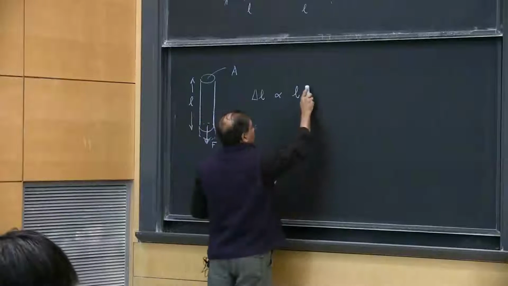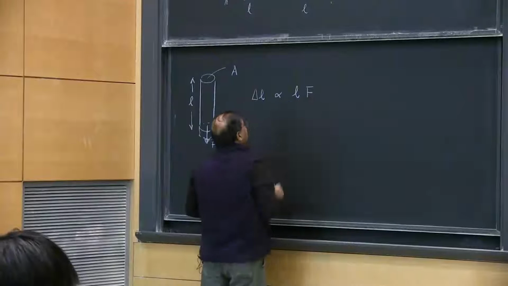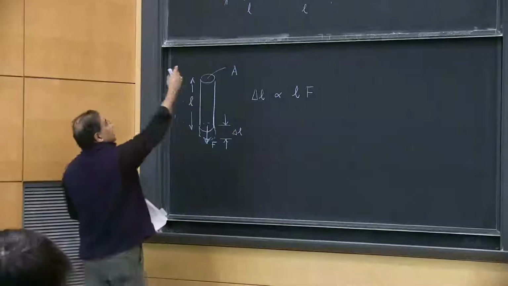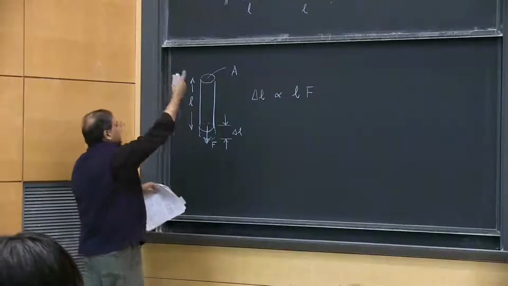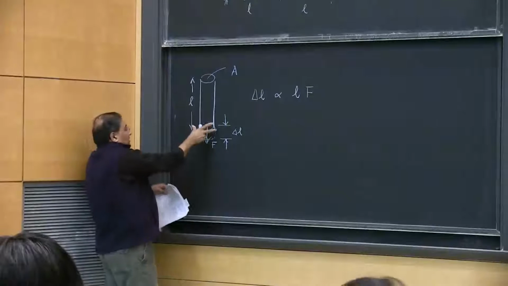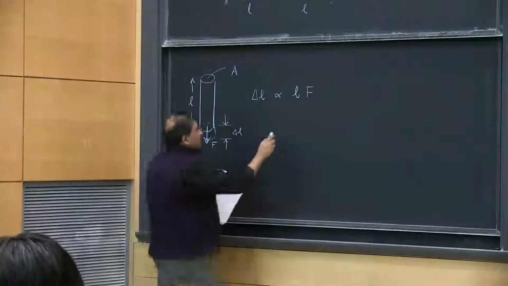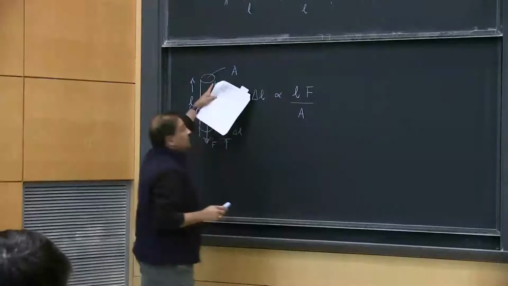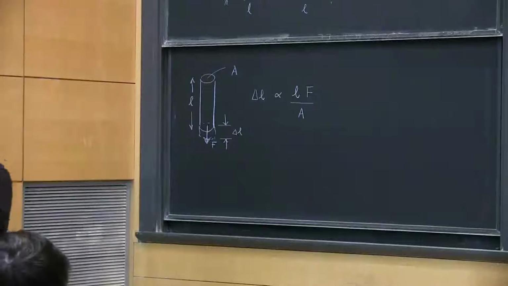So it is directly proportional to F, and it is inversely proportional to the cross-sectional area, because as we argued, if there are two springs, which is analogous to having a larger cross-sectional area, then the stretch will go down. So I would divide this by A, being the cross-sectional area shown there.